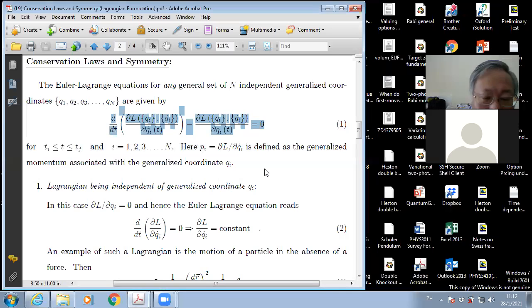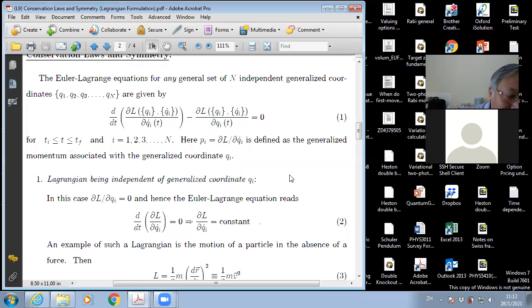Pi, equal to ∂L/∂q̇i, is defined as the generalized momentum associated with the generalized coordinate qi. Okay, we look at different Lagrangians. First, a Lagrangian being independent of generalized coordinate qi. Now keep in mind that the generalized coordinates are, in general, different from Cartesian, cylindrical or spherical coordinates.